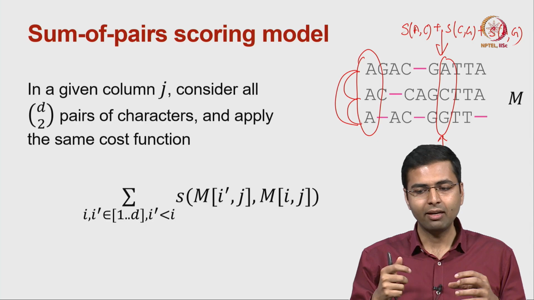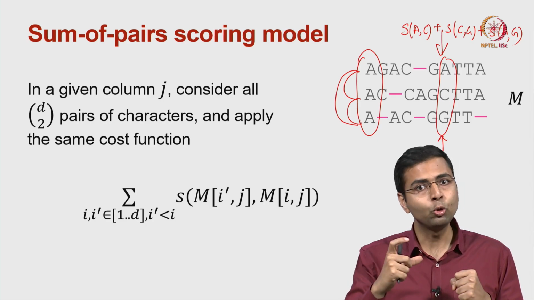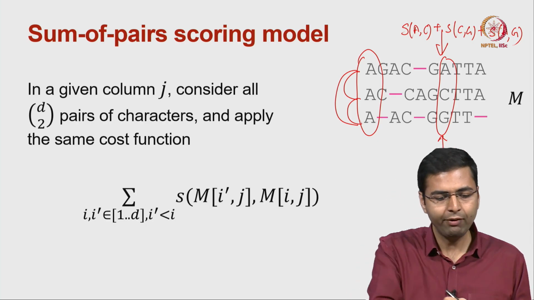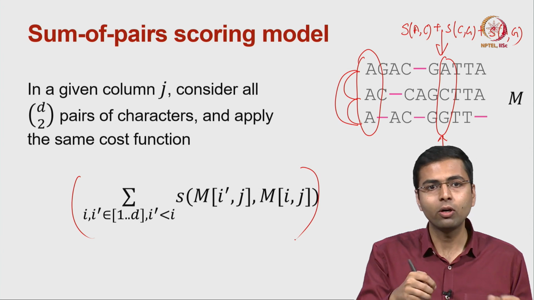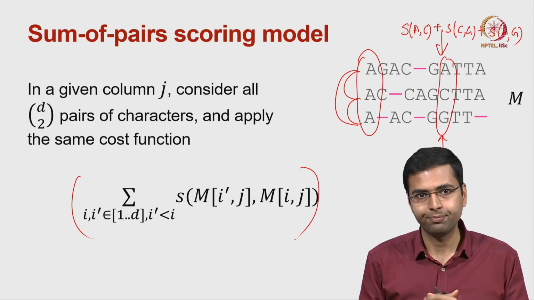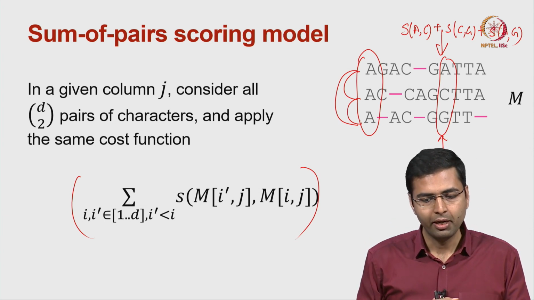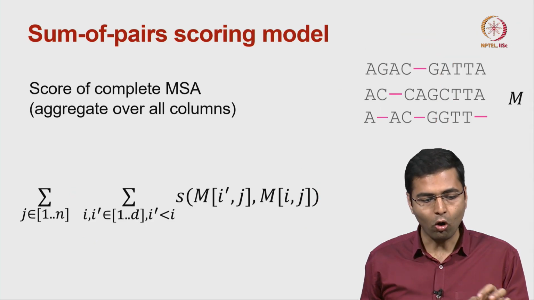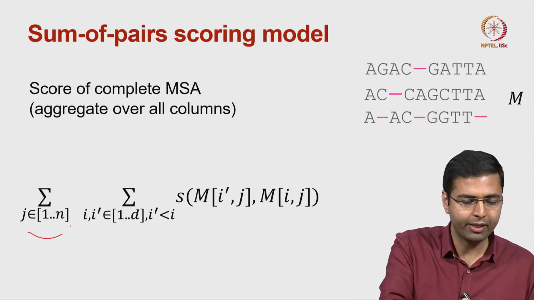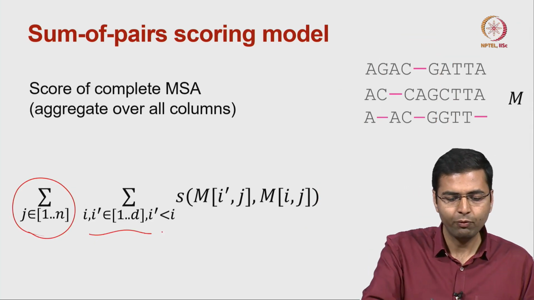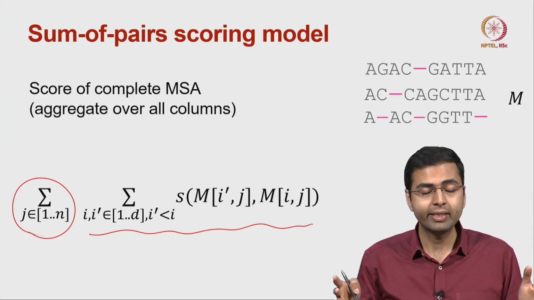So, in other words, we are considering all d choose 2 pairs in every column, and we are summing the total score of all pairs of characters. If we aggregate this score over all columns, then we sum it over all n columns and compute this value over the entire matrix.